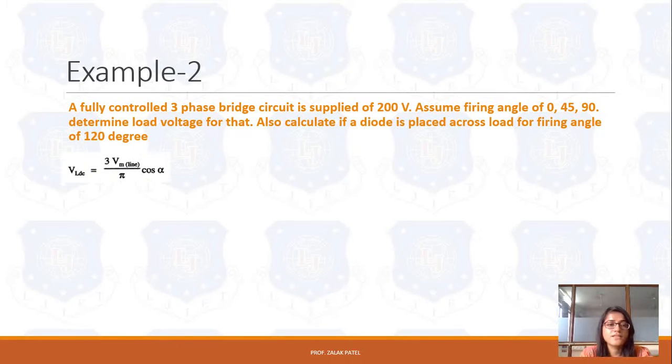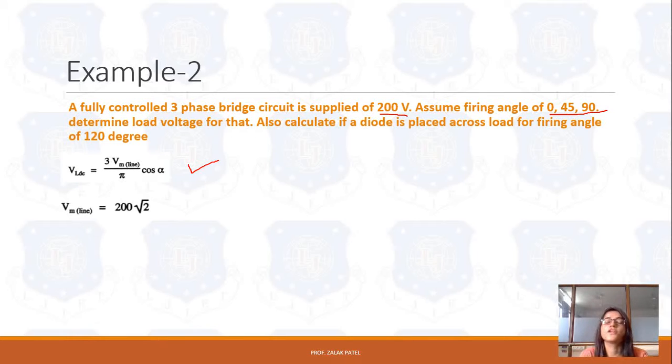So let's start for a 3-phase bridge circuit operated at 200 volt and a firing angle of 0, 45 and 90 degree. So here first we consider the case of VLDC, 3 Vm upon pi cos alpha. Here the value of Vm is the maximum voltage.